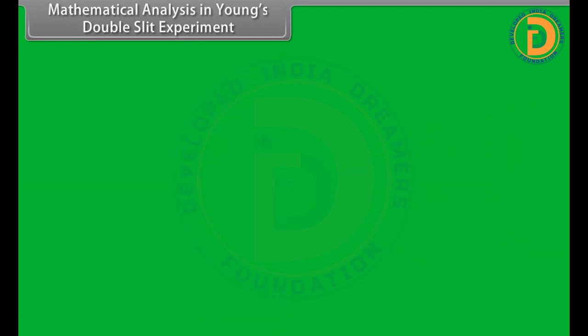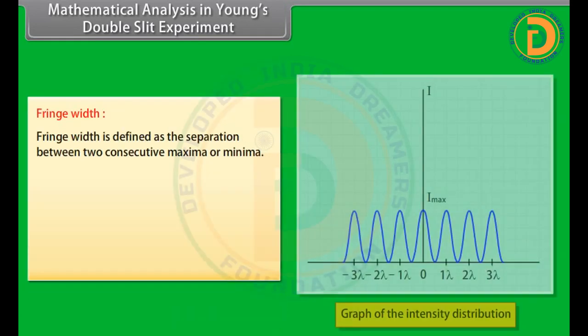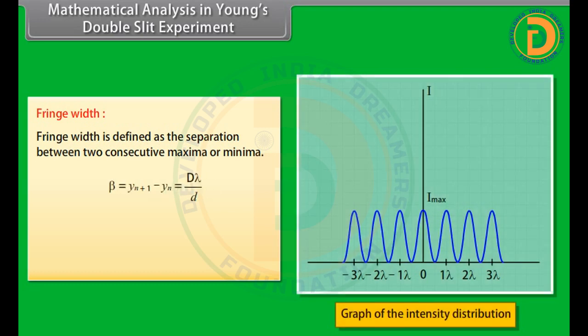Fringe width. Fringe width is defined as the separation between two consecutive maxima or minima. Beta is equal to yn+1 minus yn, which is equal to Dλ upon small d.